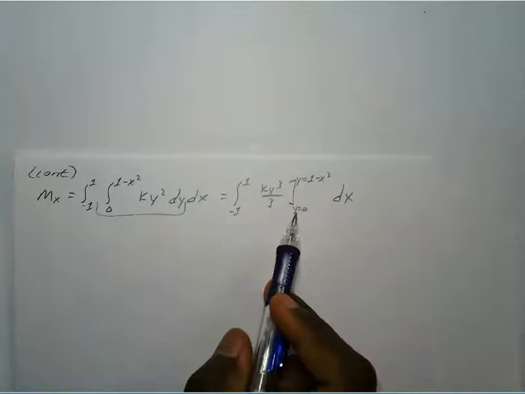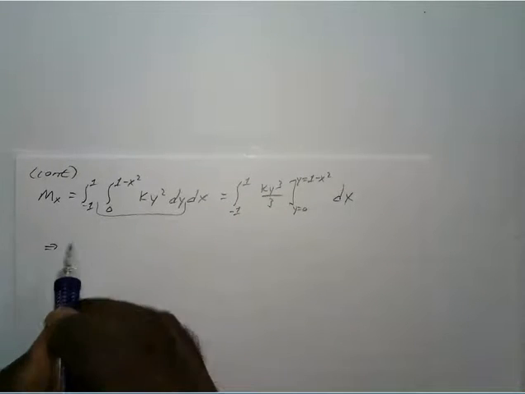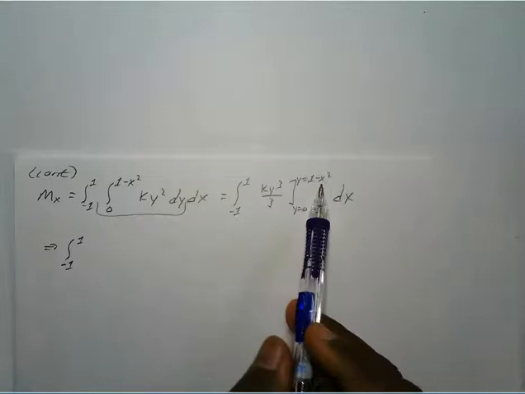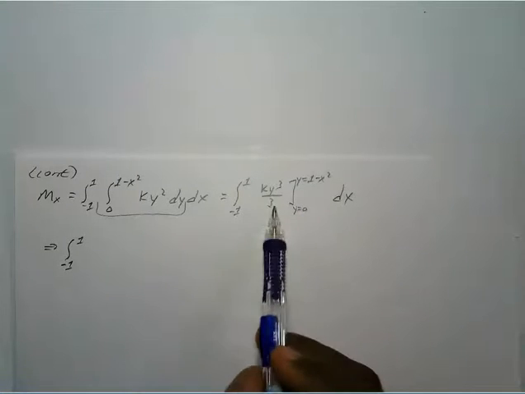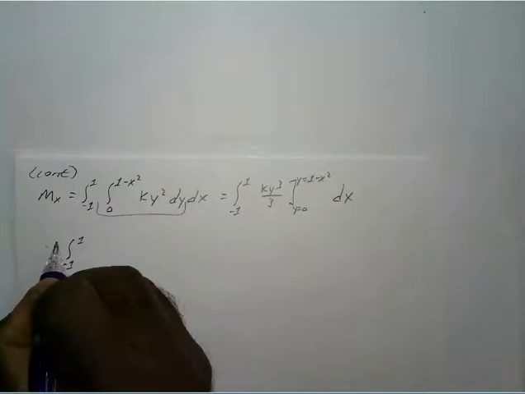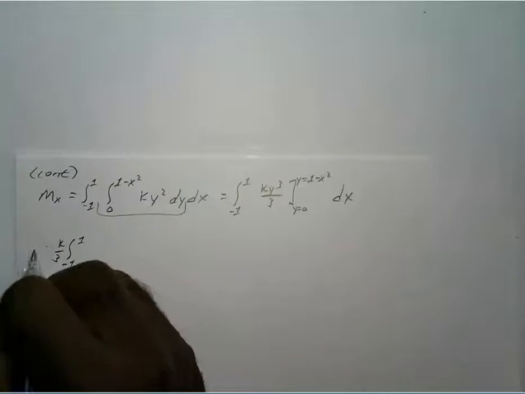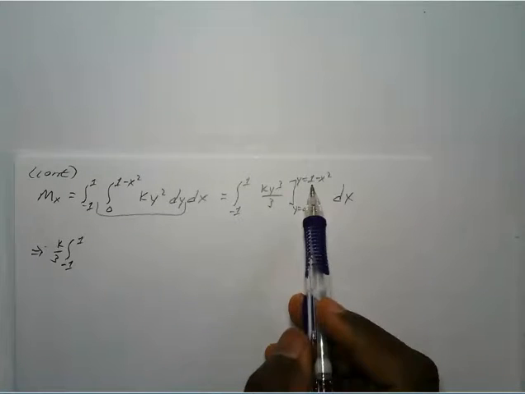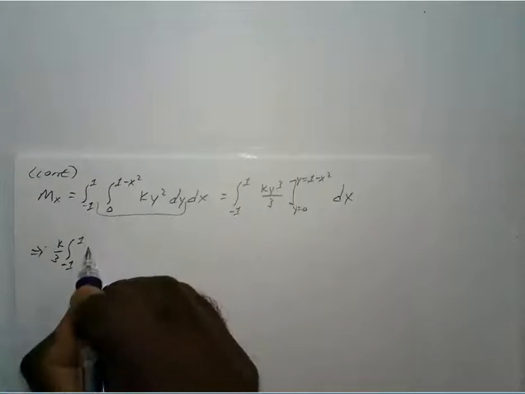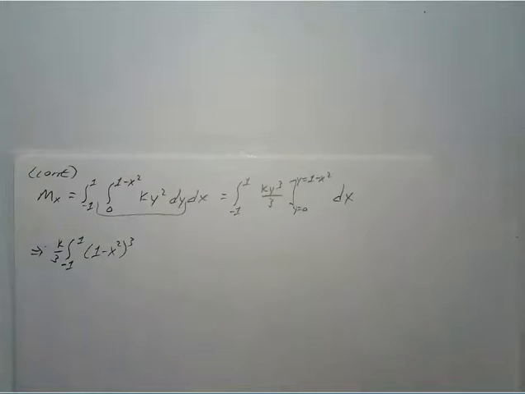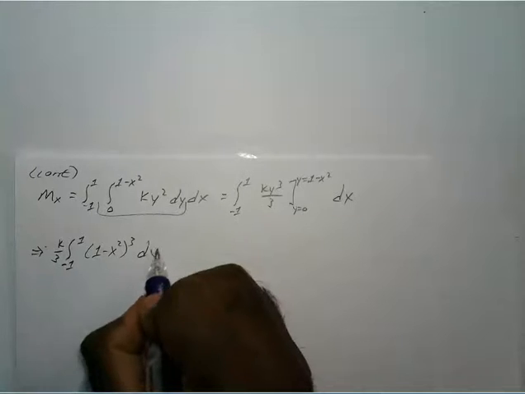Alright, so if we simplify that, from -1 to 1, we have 1 minus x squared. If we factor out the k over 3, just to simplify a little bit, we have y to the third, so we have 1 minus x squared to the third. Of course, we plug in y equals 0, we just get 0, so we don't bother with that one.